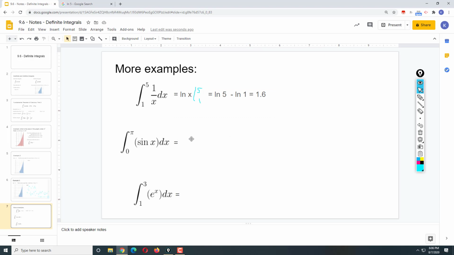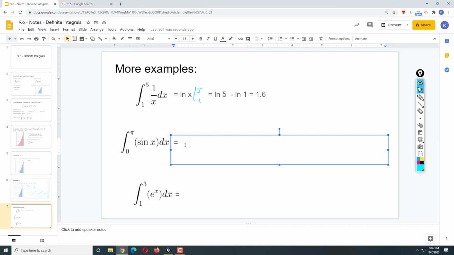Okay. Next, the integral of sine x dx from 0 to pi. Let's be careful. The integral of sine x is not cosine x because the derivative of cosine x is not sine x. Because the derivative of cosine x is negative sine x, the integral of sine x is negative cosine x. So this is negative cosine x evaluated at pi minus negative cosine x evaluated at 0. So that's going to equal negative cosine pi minus negative cosine 0.